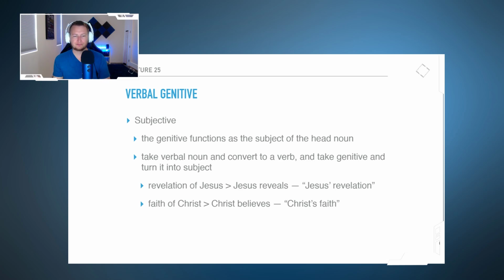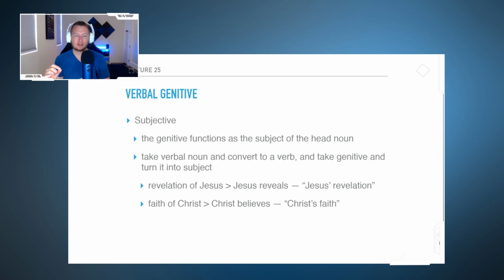Revelation of Jesus. You take the verbal noun, revelation, convert it to a verb, reveals. Take the genitive, turn it into the subject, Jesus reveals. You can then translate it, Jesus's revelation.